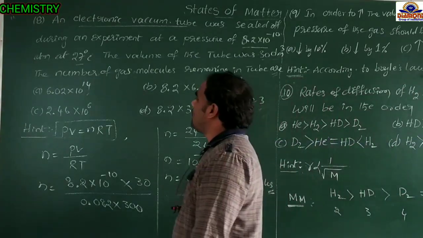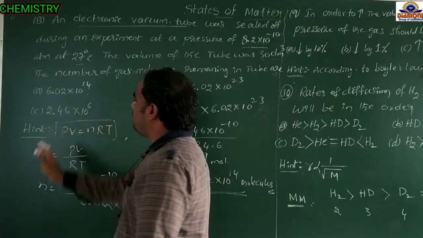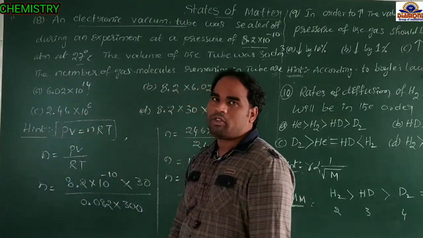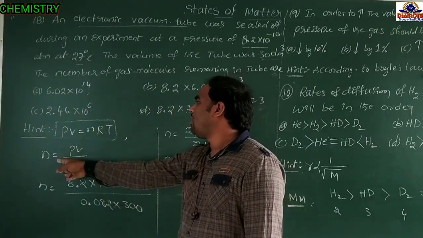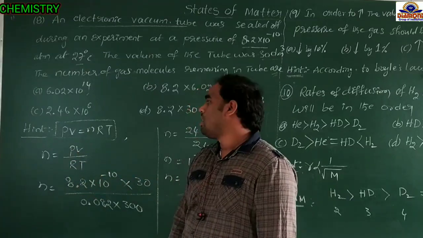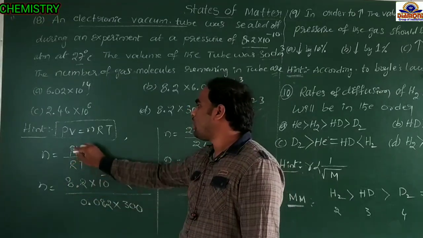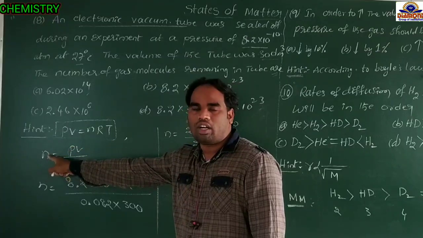From this given data, the suitable equation is the ideal gas equation, PV equals nRT. So n equals PV by RT, because we want to find the number of moles.